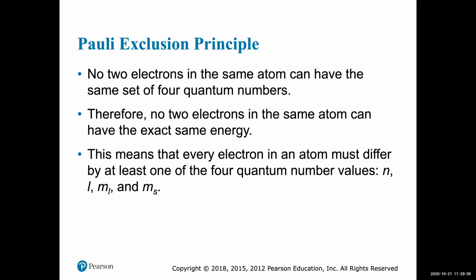So every electron in an atom must differ by at least one of the 4 quantum numbers, whether that's the n, the l, the m sub l, m sub s, doesn't matter, but there's got to be at least one that's different. And so no two electrons are the same within that atom.